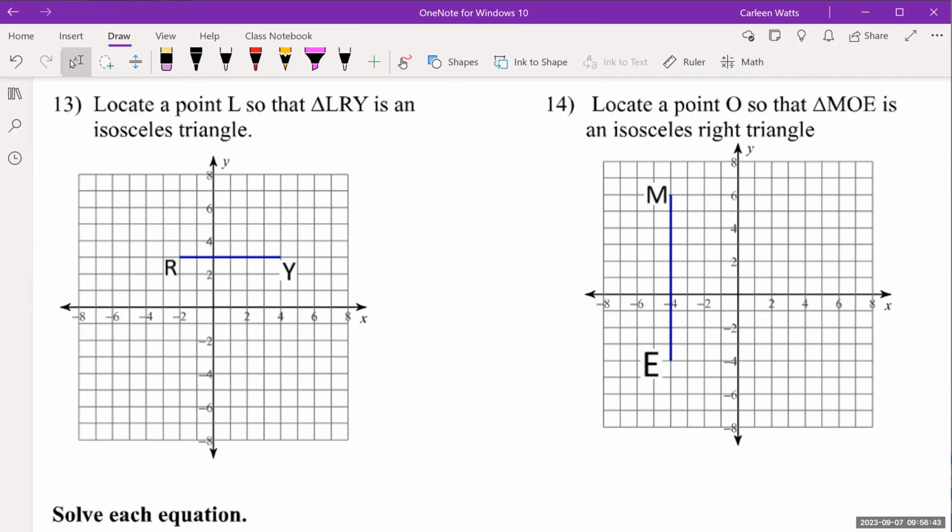There's actually an infinite number of answers. It could be, there's three types. This could be acute, obtuse, or right. So anyone have an idea for making an isosceles triangle? Isosceles having two equal sides. Yeah, any ideas?